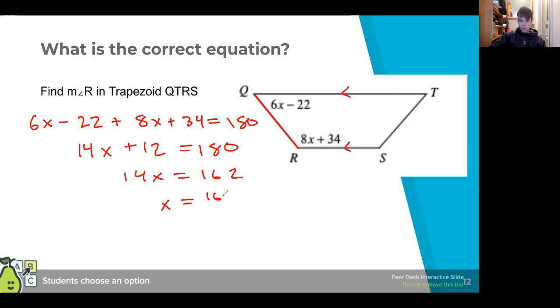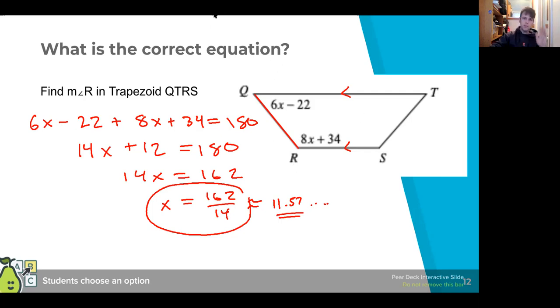Okay, 162 over 14. Again, this is a kind of messy decimal. I suppose maybe there was something else that needed to go on with this. This is a fraction. Maybe keeping this in a fraction is a better answer. But instead of finding R, I'm just going to finish by having solved for x. I'm satisfied there. Because x being equal to this messy decimal, I don't love what answers that's going to give me. So I'll stop there.